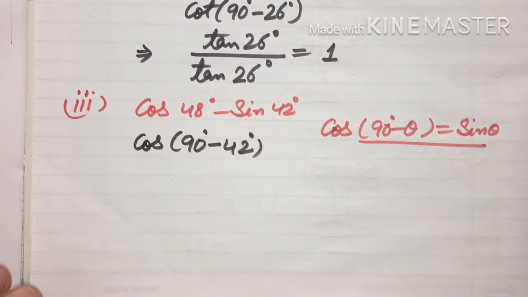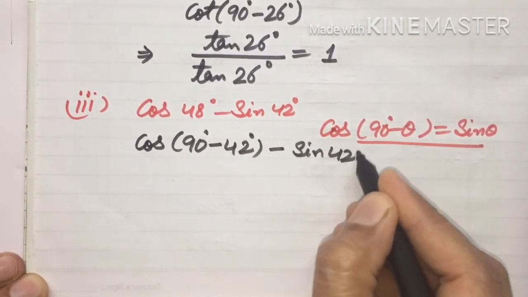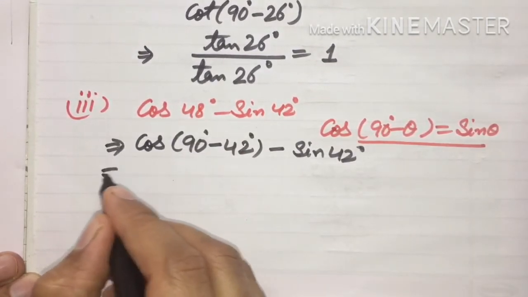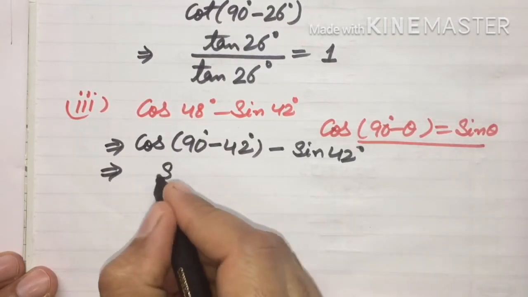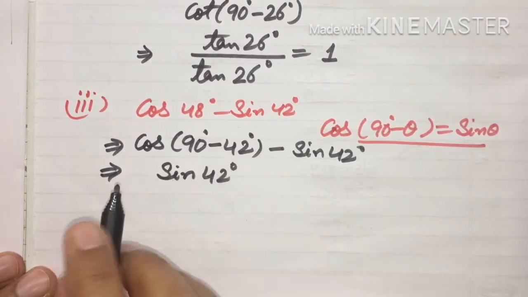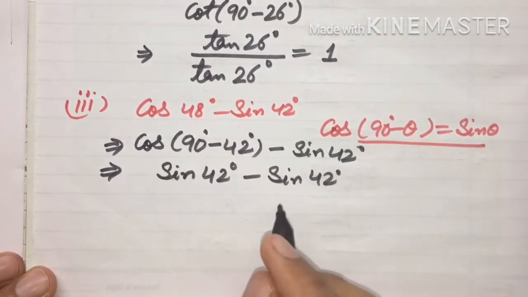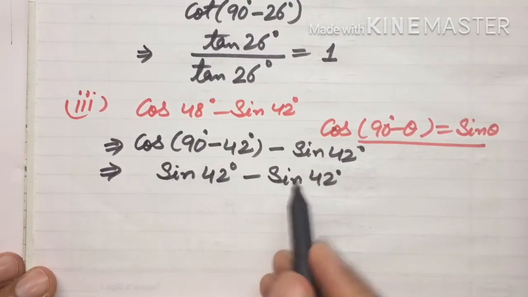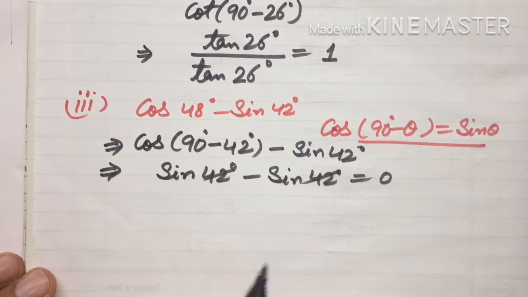So cos(90 degree minus 42) and the rest part we will write the same as it is. In the next step, this cos will change into sin, and theta is 42. So sin 42 degree minus sin 42 degree is already there, so sin 42 minus sin 42, we will get 0 from here.